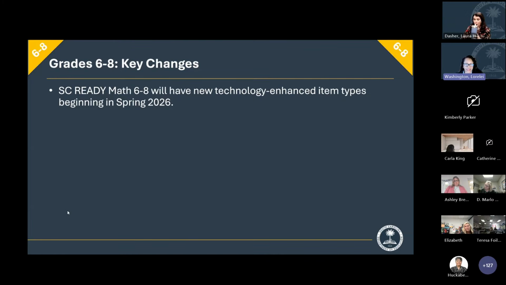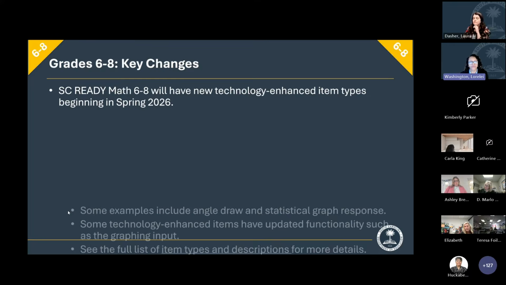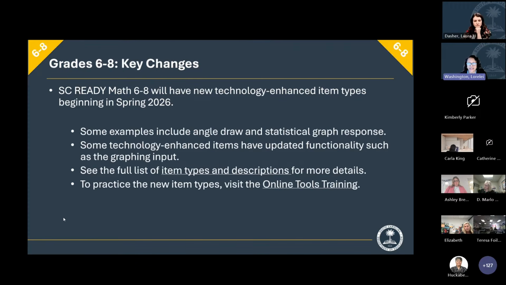For SC Ready Math 6 through 8, they will have new technology-enhanced item types beginning this spring. Some examples include the angle draw and statistical graph response. Some technology-enhanced items have updated functionality, such as the graphing input.